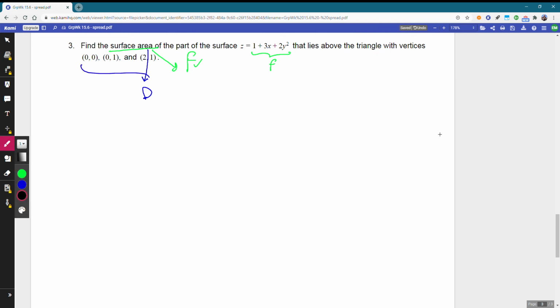All right, so let's quickly sketch that. So the origin is one vertex, 0, 1, another, and then 2, 1 over here. So it looks like our triangle is this one. So there's our region D, and we can now set up our surface area integral.